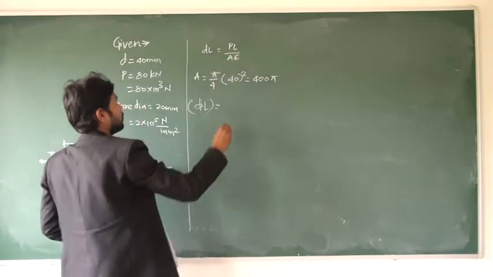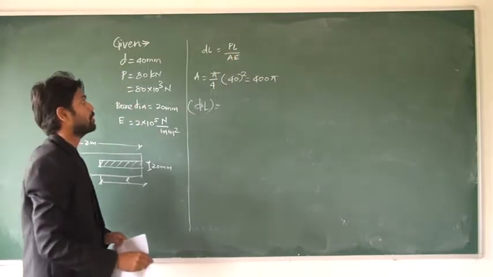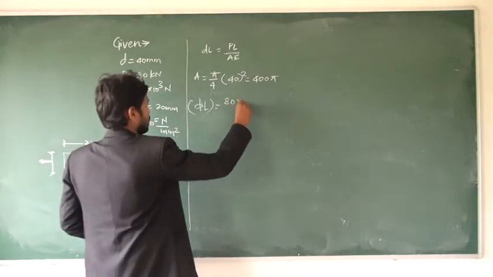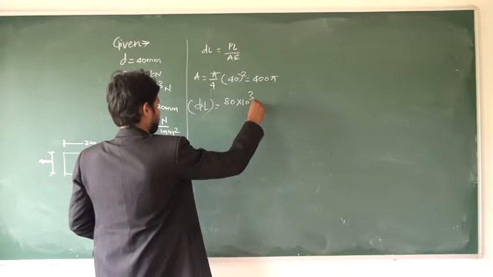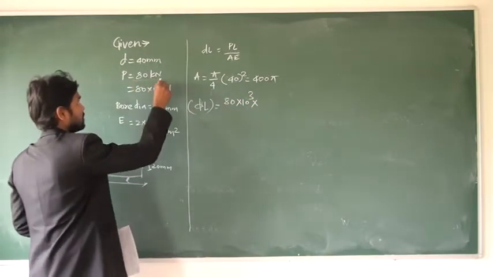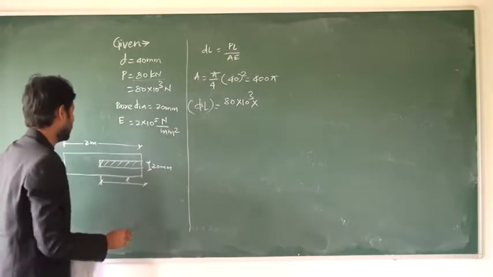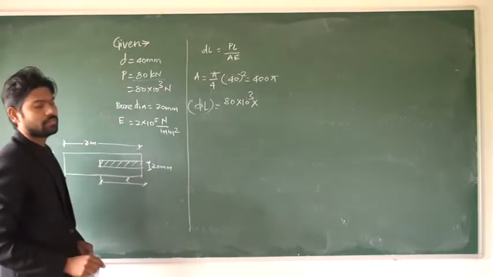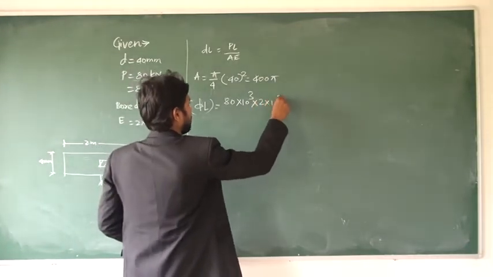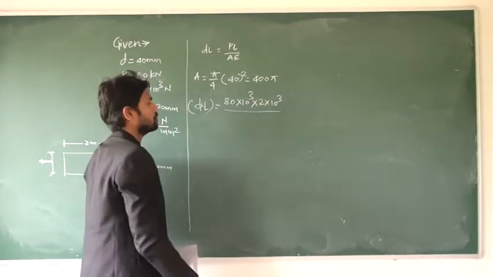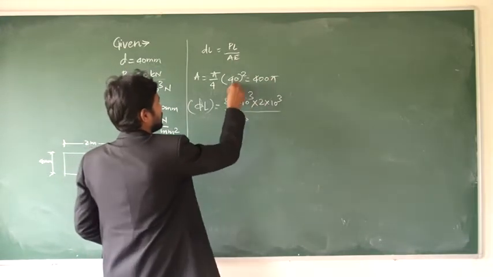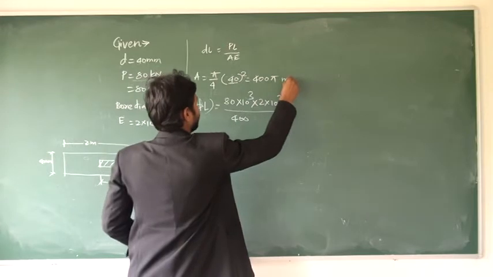So I will substitute all the values in the formula PL divided by AE. P is 80, so 80 into 10 raised to 3. Here it is in kilonewton, I have converted it into newton. Similarly, the length of the rod is 2 meter, so I will convert it into mm, because all other values are in Newton per mm square. This is 400 pi, and as this is in mm, it will be in mm square.